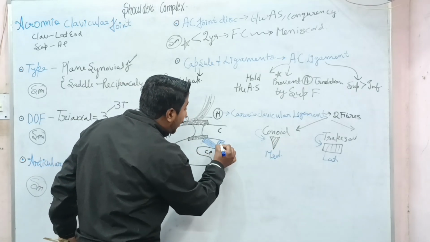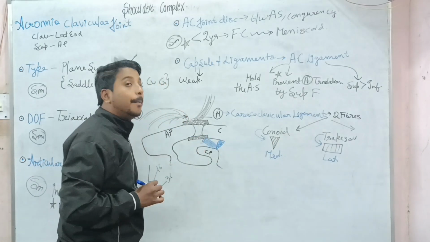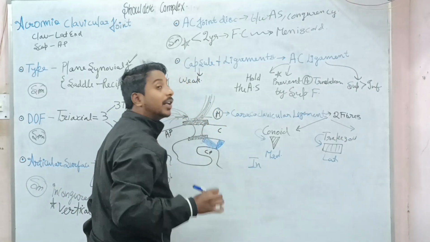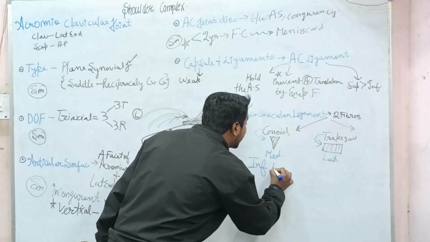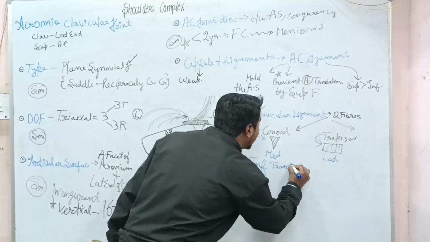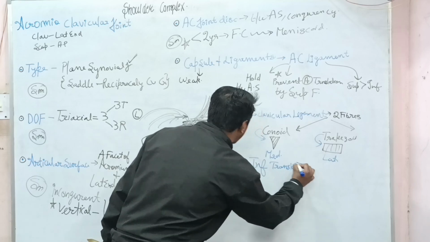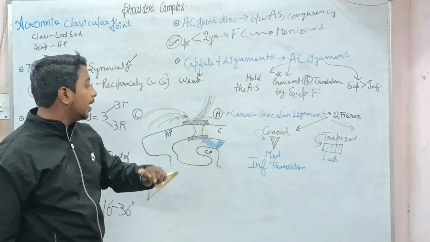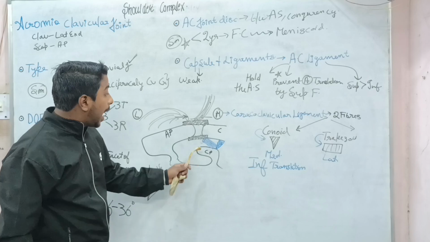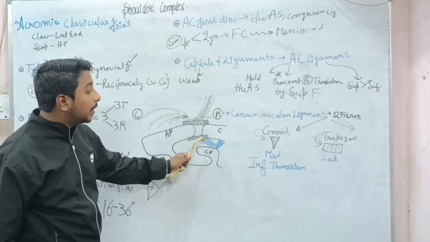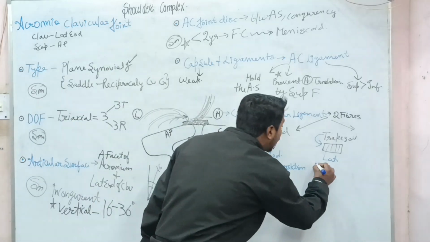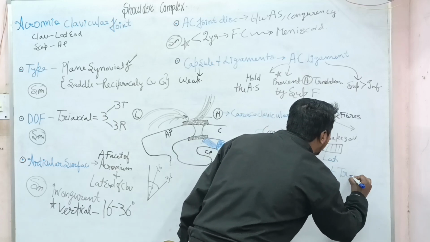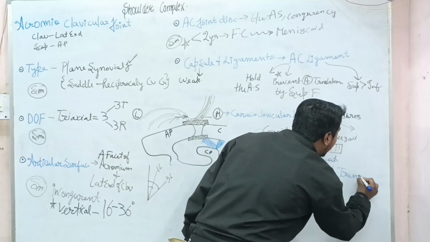This conoid part, or the medial part, helps to prevent or resist the inferior translation of the clavicle. And this lateral part, the trapezoid part, helps to resist the posterior translation of the clavicle.